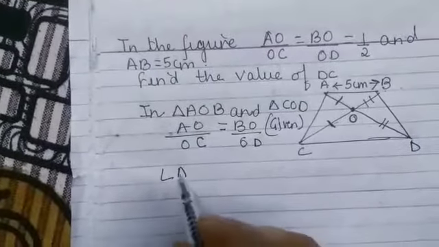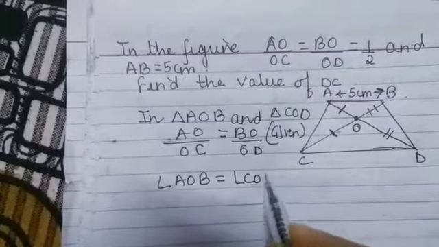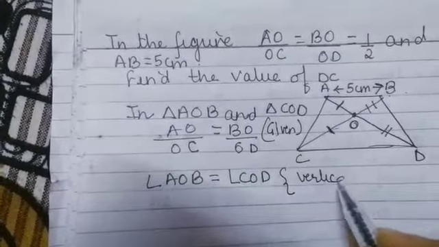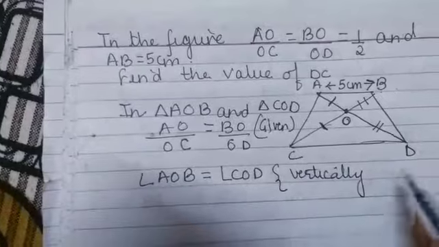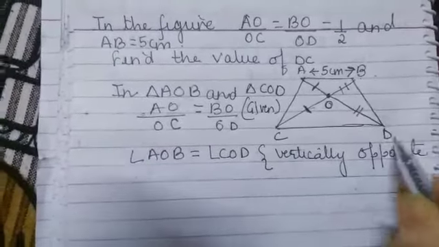Angle AOB is equal to angle COD. Why? Because they are vertically opposite angles.